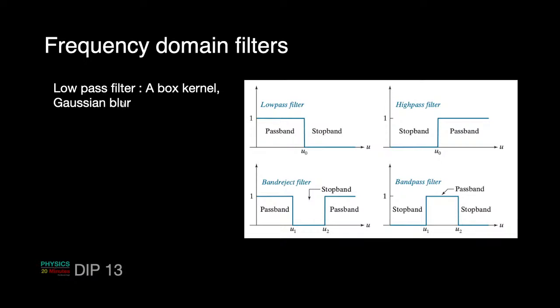They're all blurring filters. So finer details, meaning higher frequencies, are suppressed, while they tend not to change the lower frequencies, that is, larger objects in the image. So that is how they work. They are examples of this kind of filter.